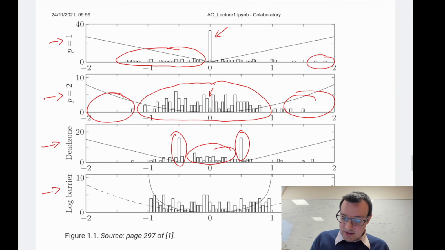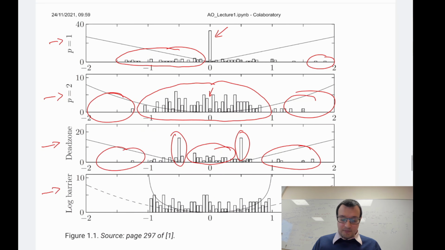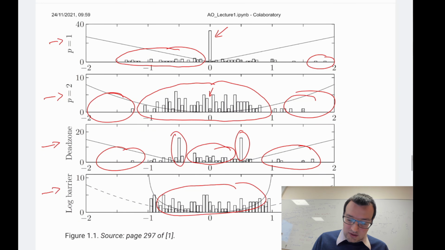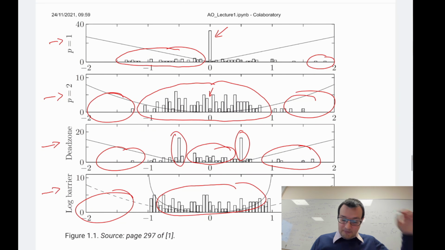You have some residuals inside, and also some residuals outside are acceptable. And for the log barrier, you see that the distribution is very similar to the L2 norm distribution around 0, but values of residuals larger than plus minus 1 are unacceptable and they are not present.